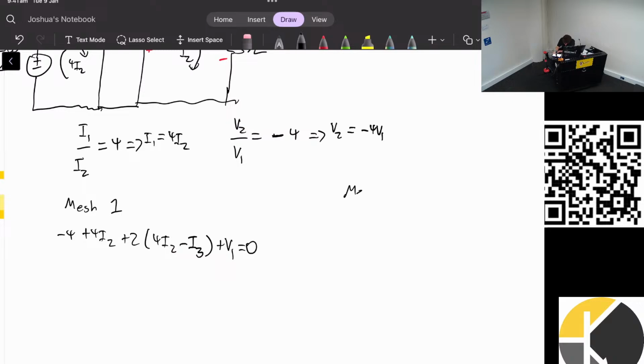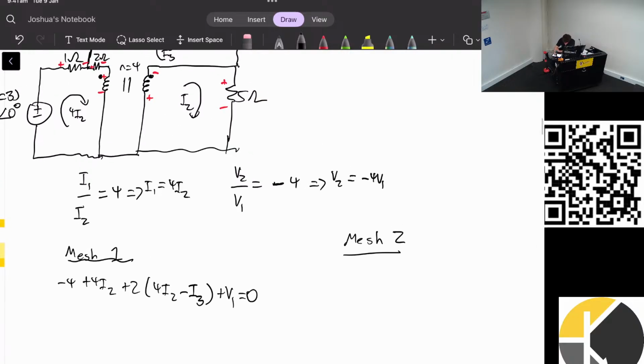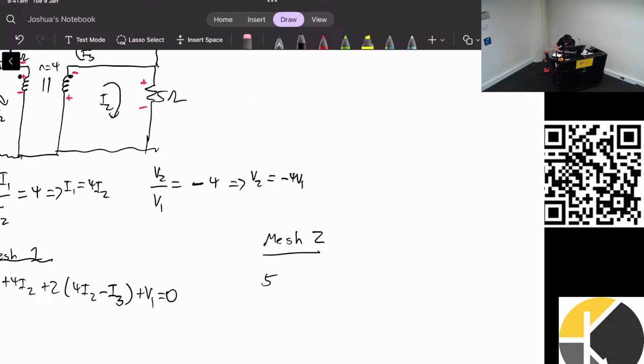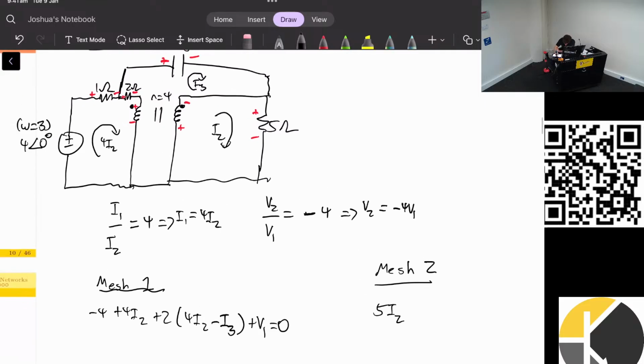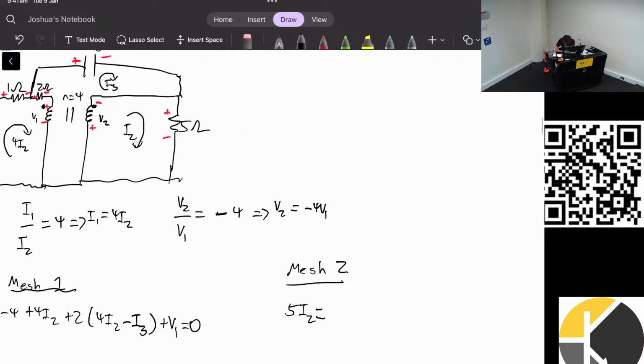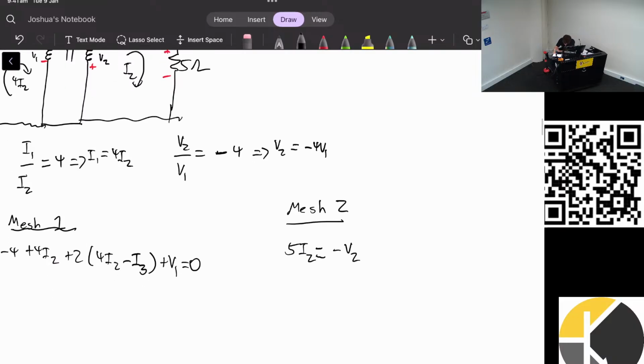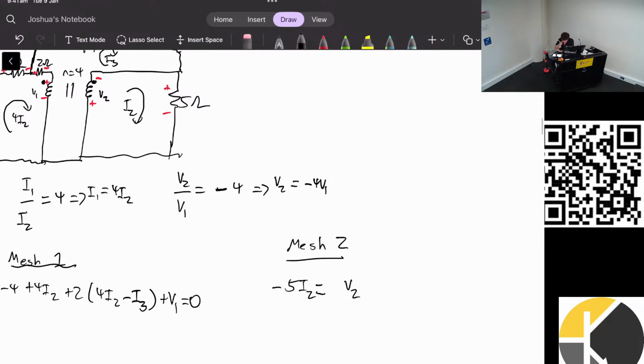Then we'll also have mesh 2. Now, this one's interesting. We're going to have 5I2 plus V2 equals 0, where I'm defining V1 and V2 by the way, or V2 equals minus 5I2, whichever way you want it.